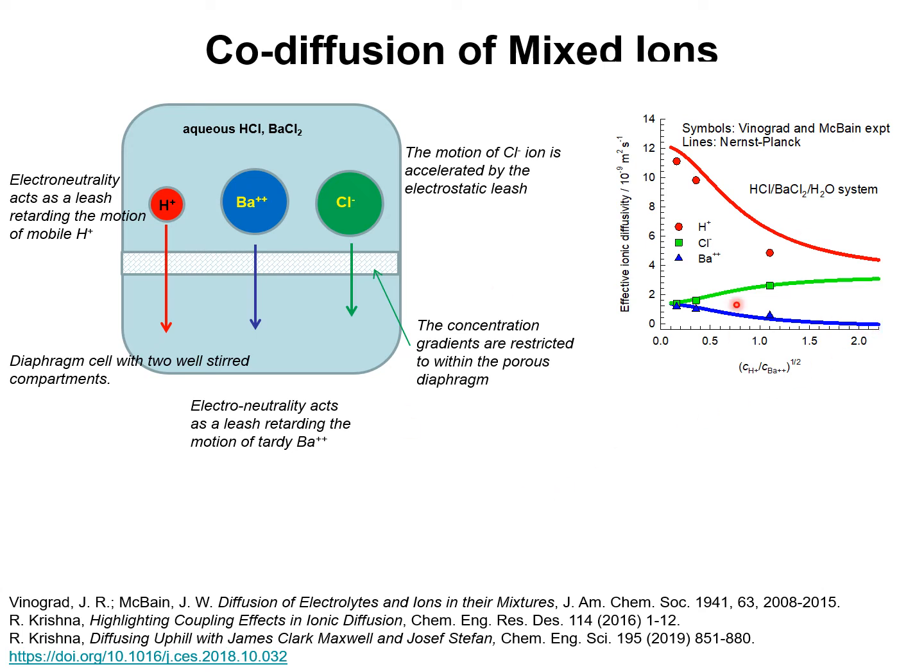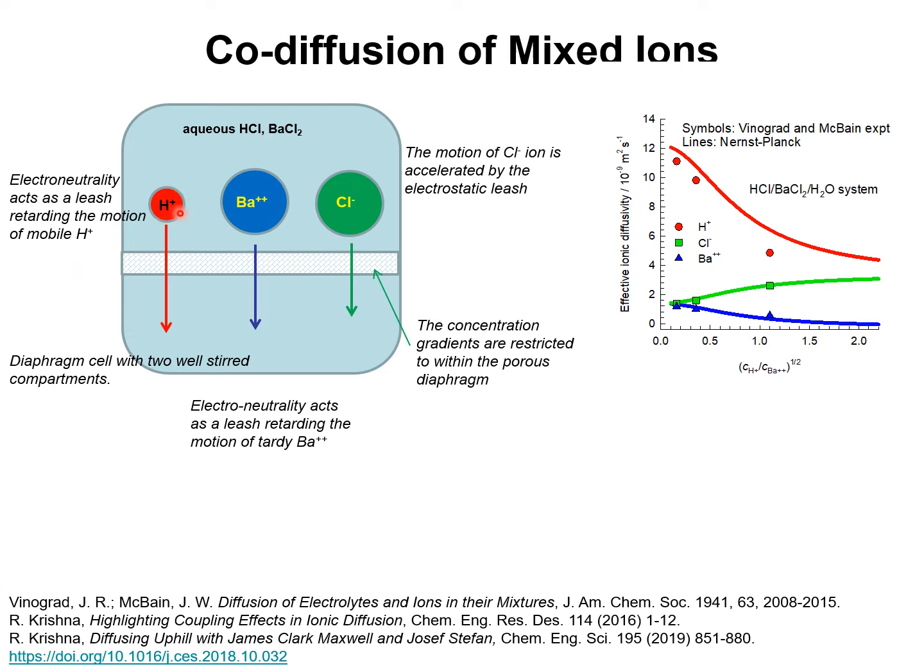The explanation of the reduction in the ionic diffusivity of H+ and of barium 2+, and the increase of chloride that is negatively charged, is to be found in the influence of the electrostatic leash.